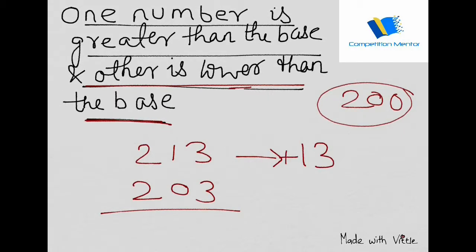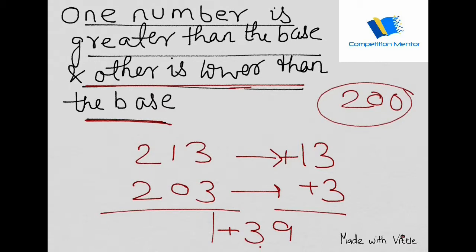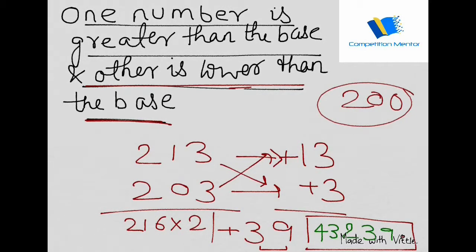So plus 13 and plus 3, you multiply, you get 39, that is plus, that is perfect, the 2-digit number we needed. Now 213 plus 3 is 216, but you will not take 216, you will take 216 into 2, which in turn becomes 432, and then 39.